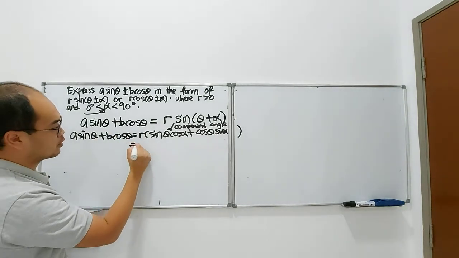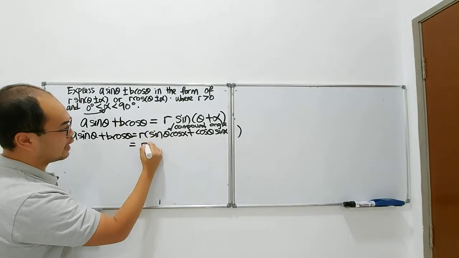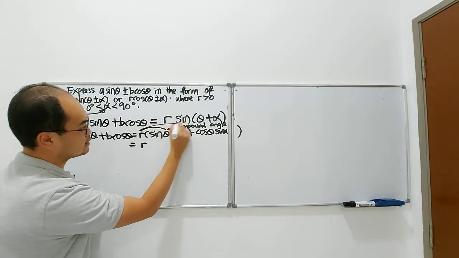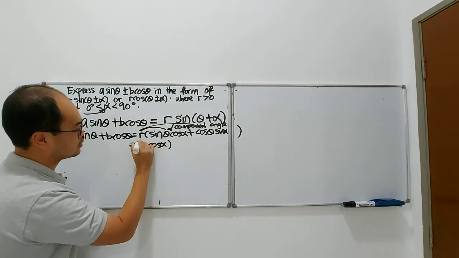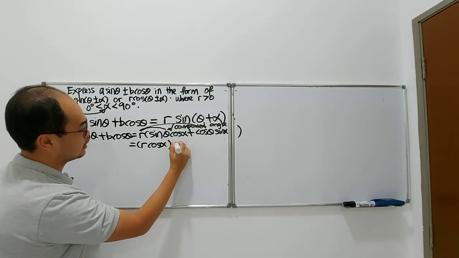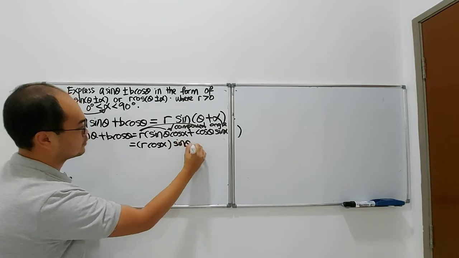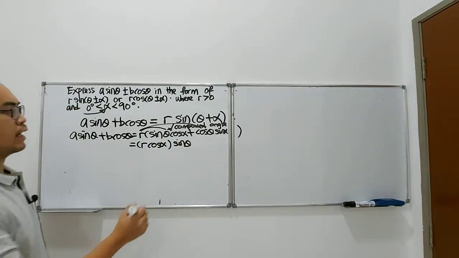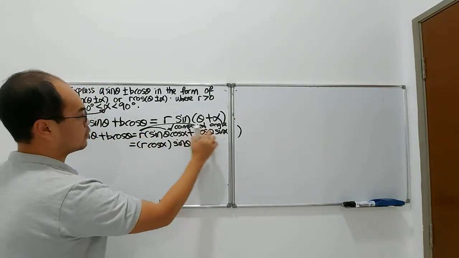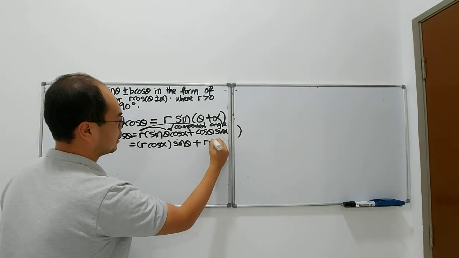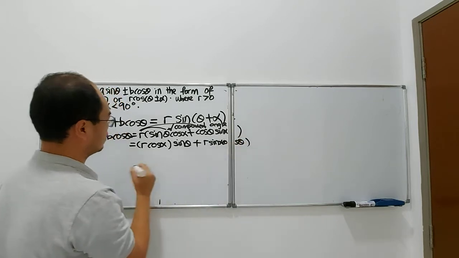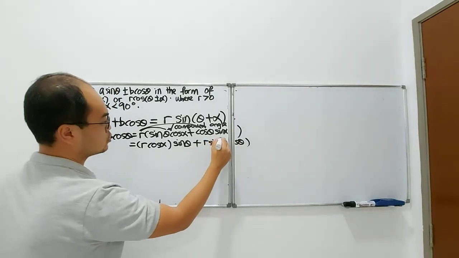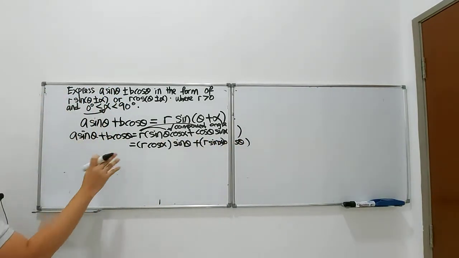I group these into r, expand inside, so I get r cos alpha sine theta plus r sine alpha cos theta, which I can directly compare.